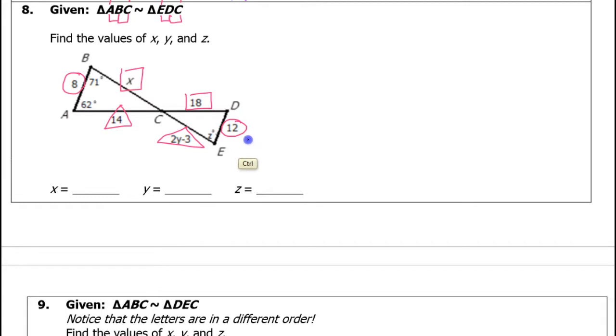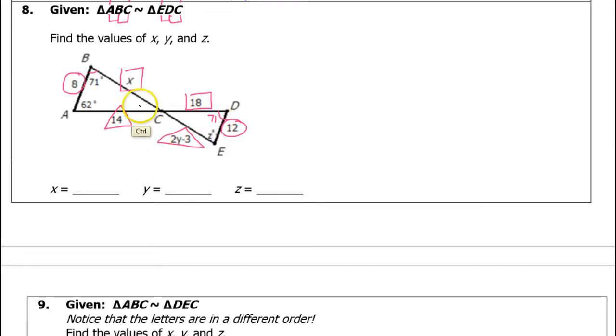Notice how angle B is between the circle and the square. Notice how angle D is between the circle and the square. So that means that angle B and angle D are corresponding. I knew they were corresponding because of the order of the letters. So I'm saying too much information. Anyway, angle D is 71.